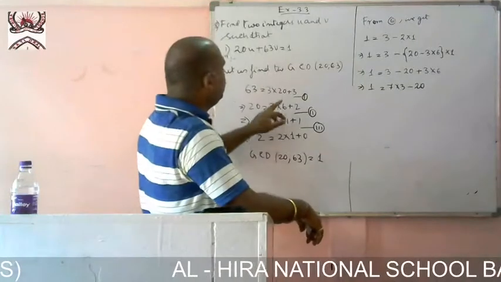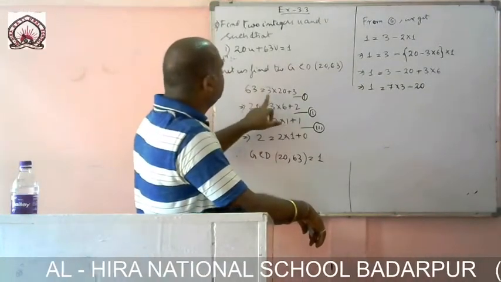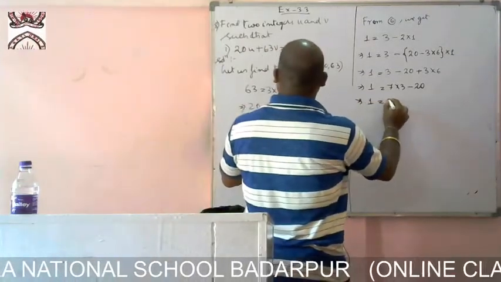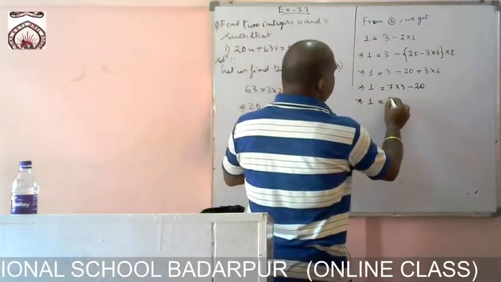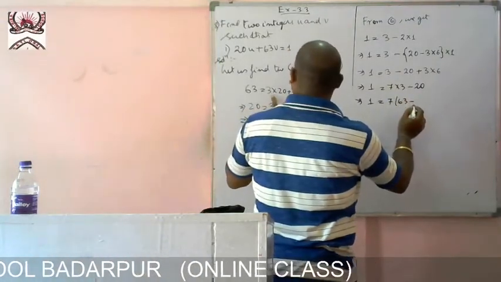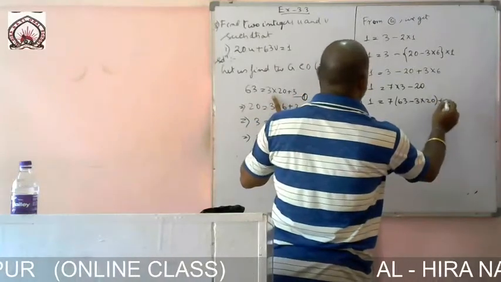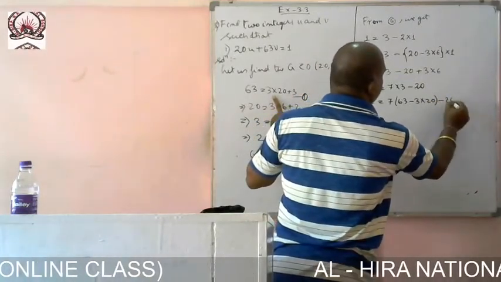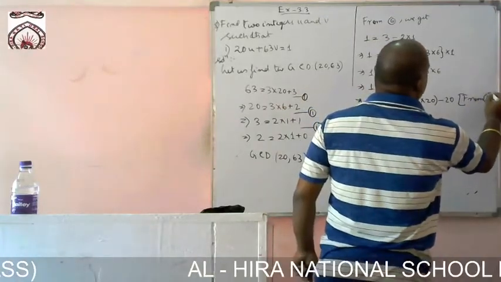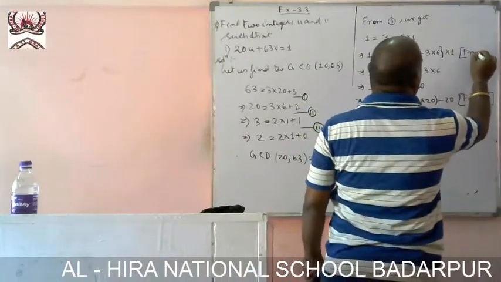Now 3 equals 63 minus 3 into 20, so 1 equal to 7 into 63 minus 3 into 20 minus 20. This is from equation 1, and this condition is taken from equation 2.